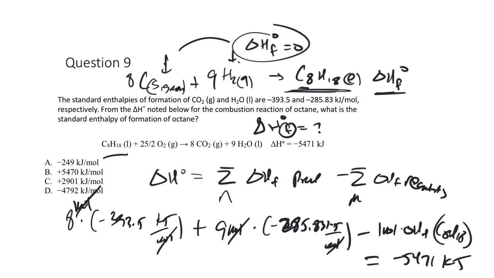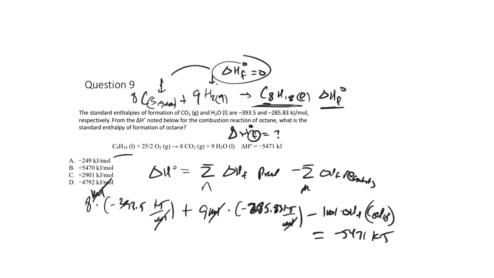That's negative 5720.04. I need to add that to both sides. So add that to negative 5471. So negative 5471 plus 5720 kJ works out to be plus 249.